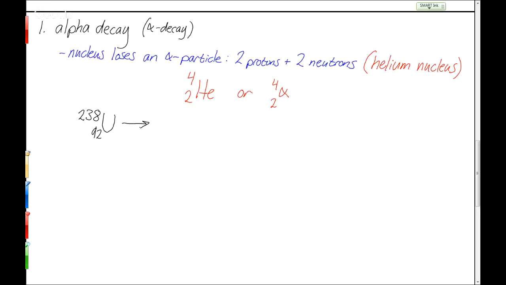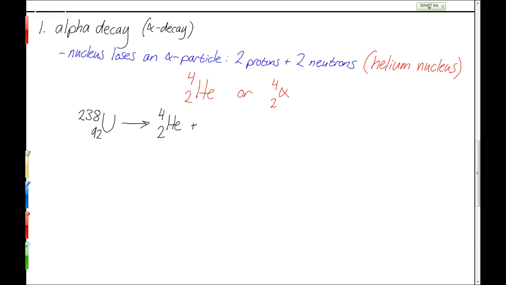And let's say we know that it undergoes alpha decay. So that means that one of the products of the reaction is an alpha particle. Which is like that. And then we can figure out what's left based on subtracting those numbers from what we started with.